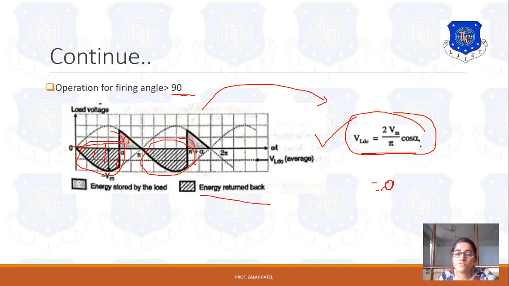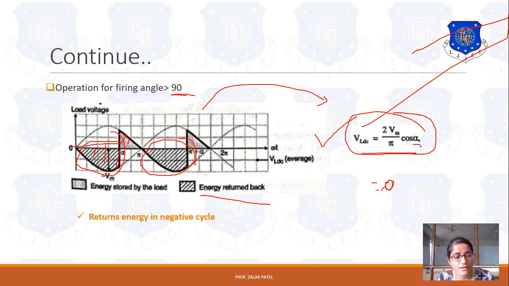But for any value greater than 90 degree, this VLDC will go negative. Like if we put 270 degree, or maybe 110 degree or 120 degree, then this VLDC will go more and more negative, and because of that we can say that some inversion will occur and it returns energy in the negative cycle.